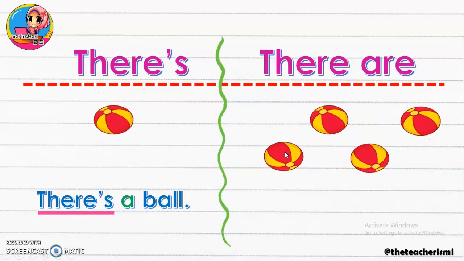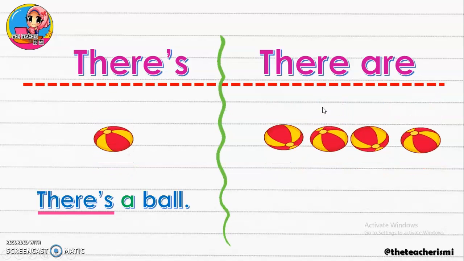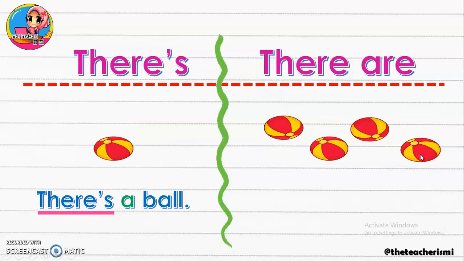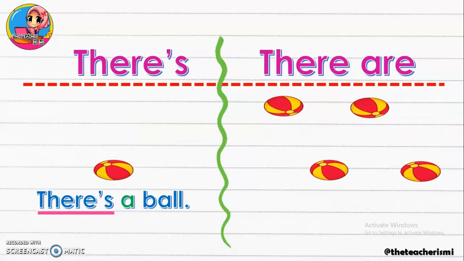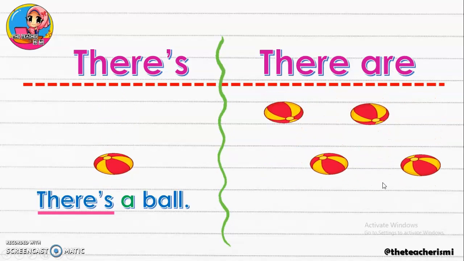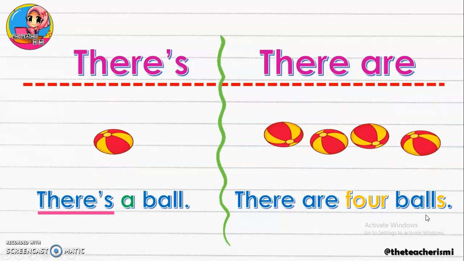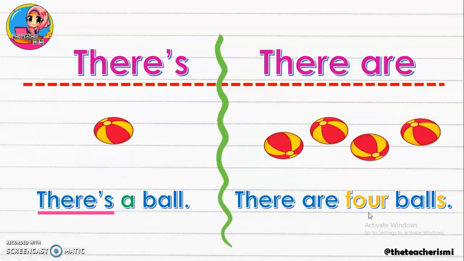Okay, how about this? 4 balls. Okay, we have 1, 2, 3 and 4 balls. Okay, 4 balls means benda tu dah banyak. So bila dah banyak, we use there are. So we can write like this. There are 4 balls. Kalau tak ada gambar, ada ayat je.